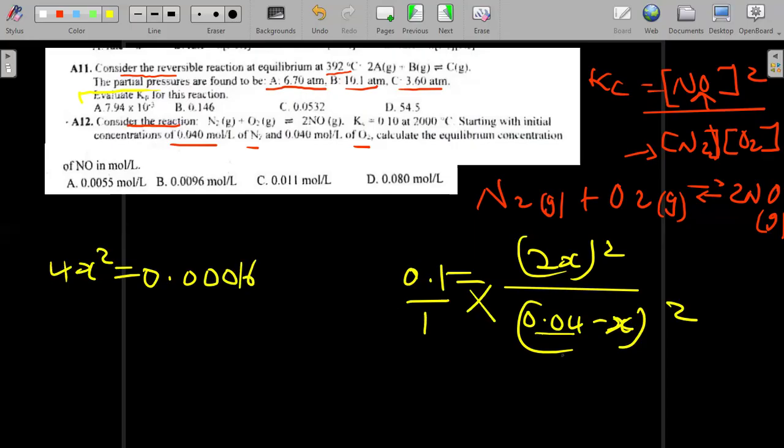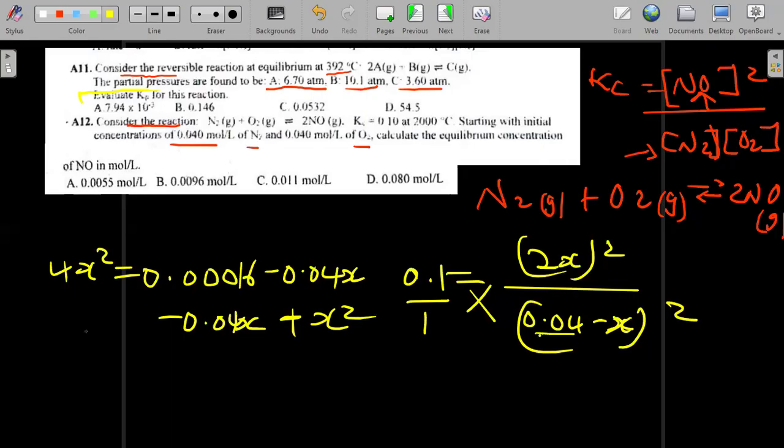Then 0.04 multiplied by minus x will be minus 0.04x, and then minus x multiplied by 0.04 will be minus 0.04x, and then minus x multiplied by minus x. What are we going to get there? Minus x multiplied by minus x, we are going to get plus x squared, like that. So this is the quadratic equation that we have.